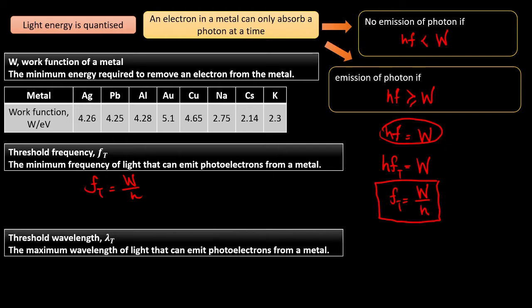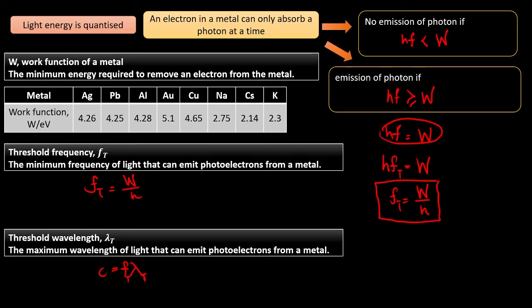Then what is the threshold wavelength? We know that c is equal to f lambda. Now you have a minimum frequency to cause emission of photoelectrons from a matter, so in other words, it will have a maximum wavelength to cause the photoelectron to be emitted from the metal surface.